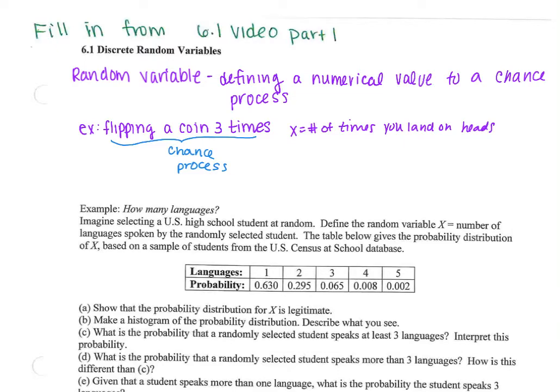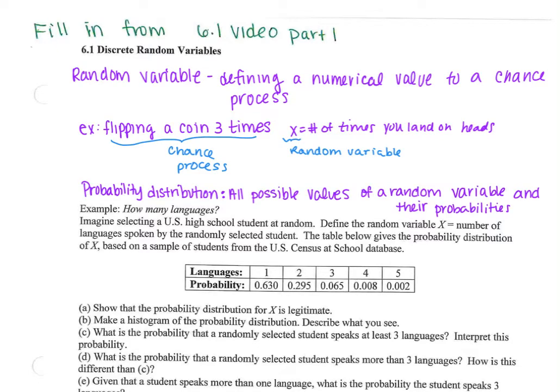So that x is your random variable. When you list all of the possible values of a random variable, that's called a probability distribution. So this video is going to focus on probability distributions of discrete variables.